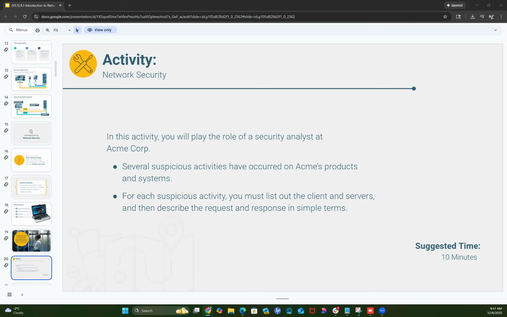That means the server sends a response to that head of the account. So these are the three things that happened. The client was the hacker's computer, and the request was the username and password to log into the email server. So Microsoft's email server is the server.